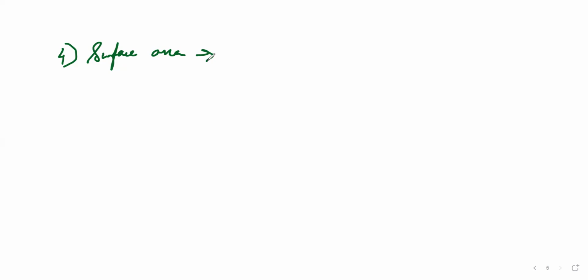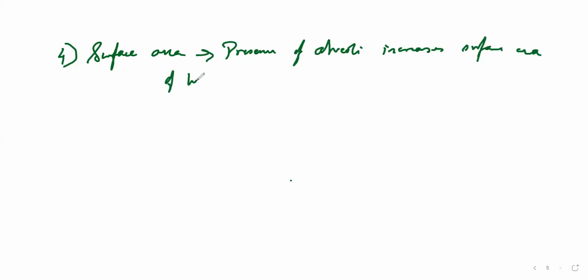So hence surface area is very important as it increases the gaseous exchange. So the presence of alveoli increases the surface area of the lungs, and because of that, there is an increase in gaseous exchange.